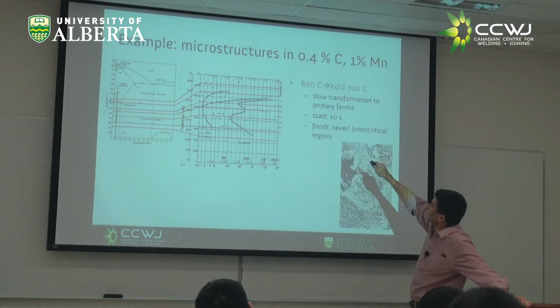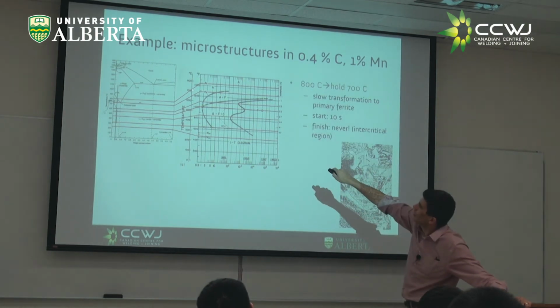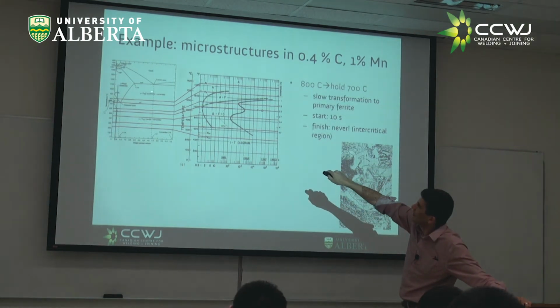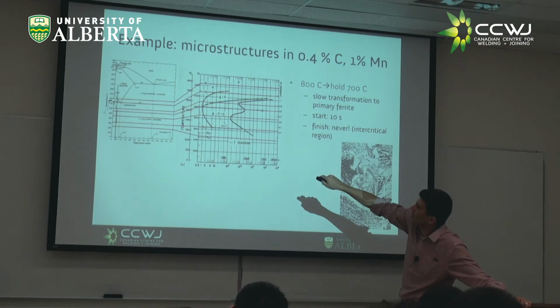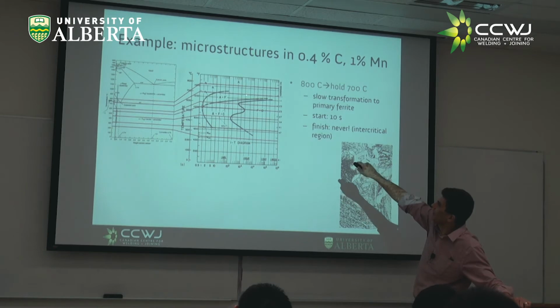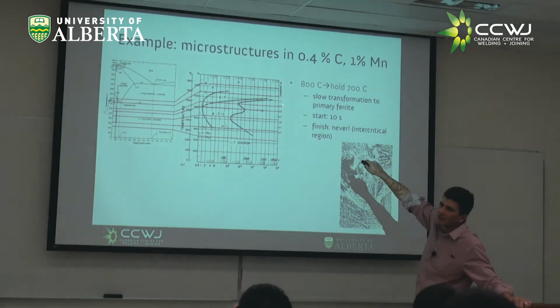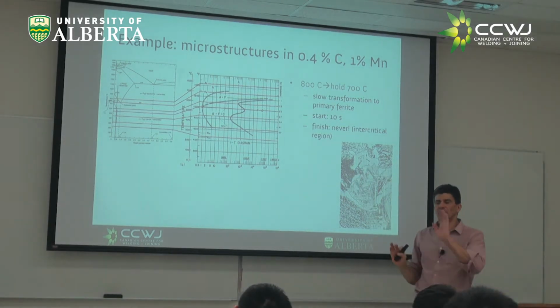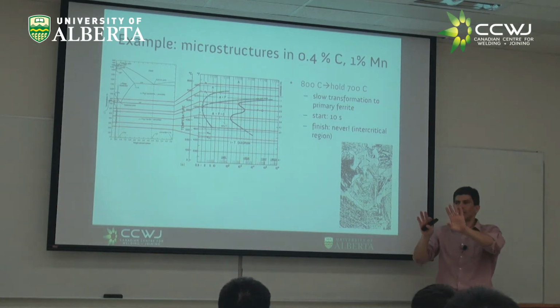So if I go to and hold to 700 C, right? 700 C is here in the intercritical region, right? So in the intercritical region, 700 C means the austenite will start precipitating some primary ferrite, right? Some primary ferrite, and then I'm going to have this combination of the austenite and primary ferrite.